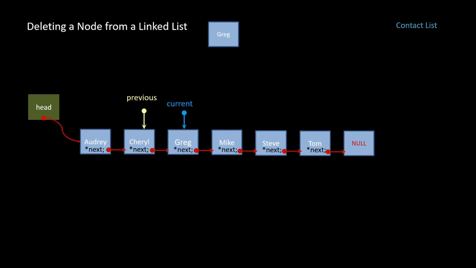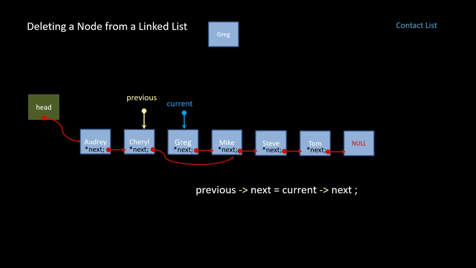Now we've got another situation. Let's say we want to delete Greg. Okay, a delete somewhere not at the head of our linked list. What's happening here is that you've got the previous pointer and the current pointer. And you're going to set the current's next to previous next.